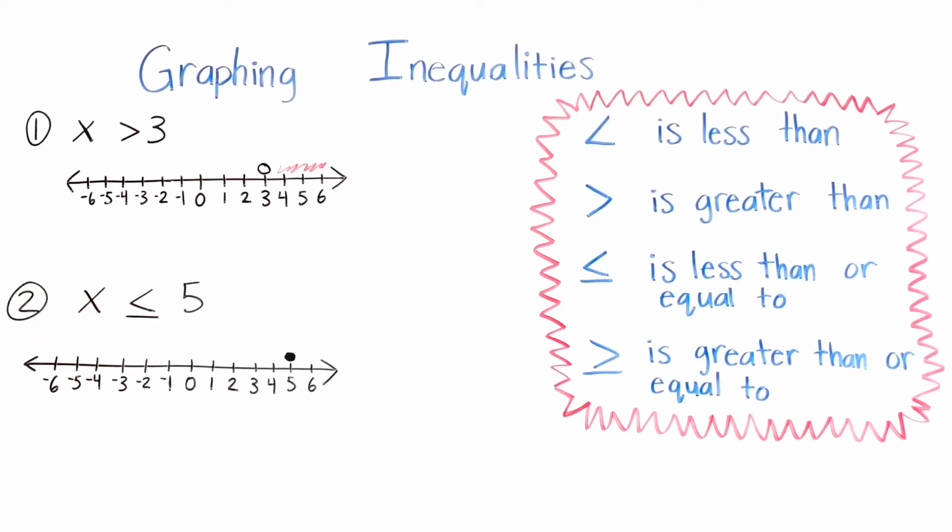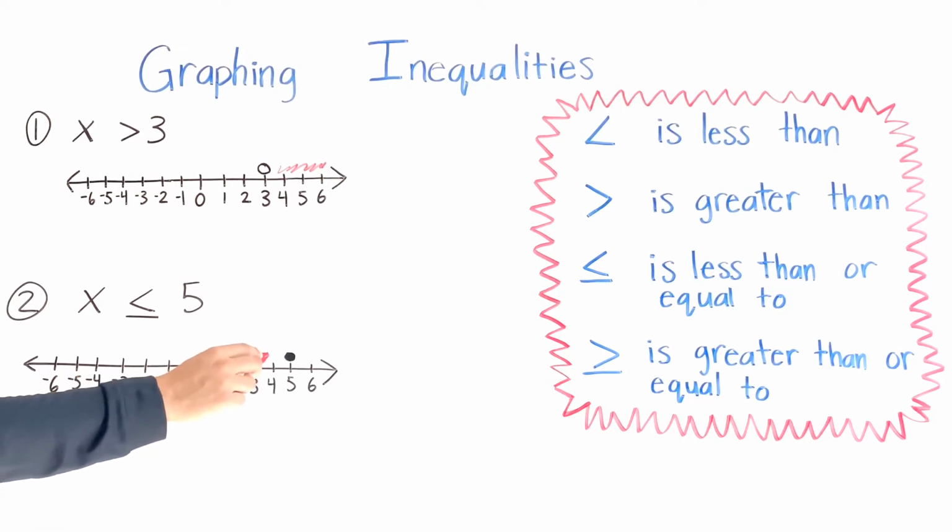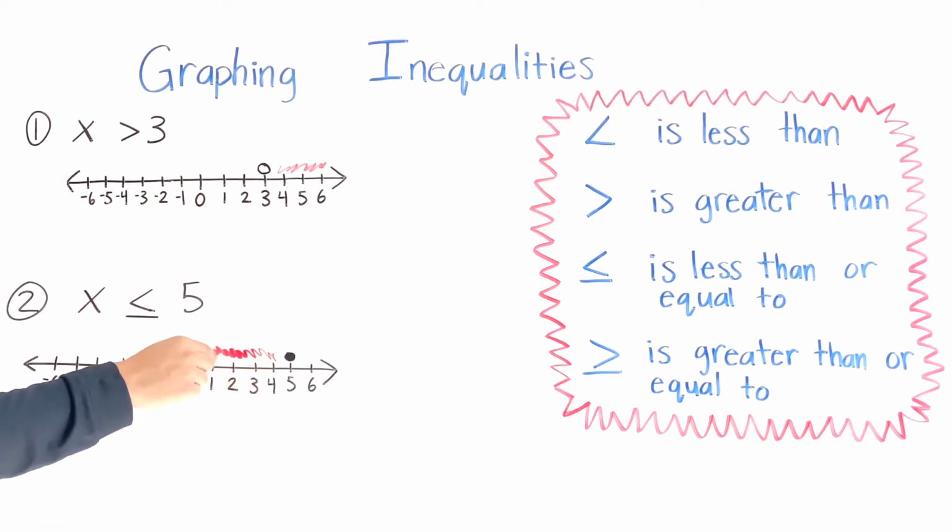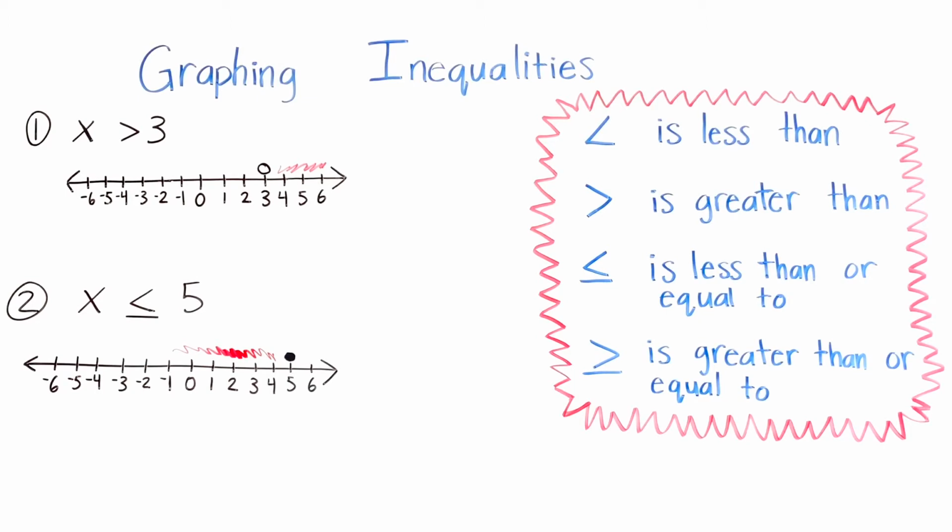So we do a closed circle, and then we shade all the way to your left, because we know that 4 is less than 5, 3, 2, 1, and so on.